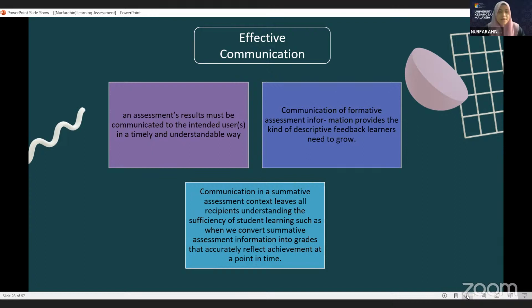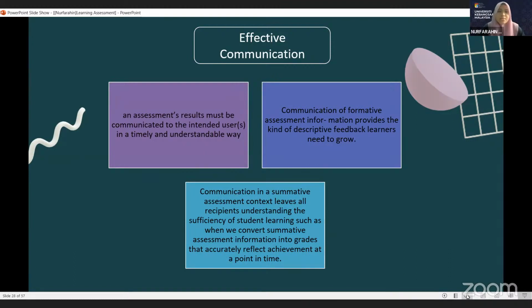This is very important, because sometimes the results of the assessment are not communicated to the students in a timely manner, meaning that there's an extended period of time between the assessment and the feedback.